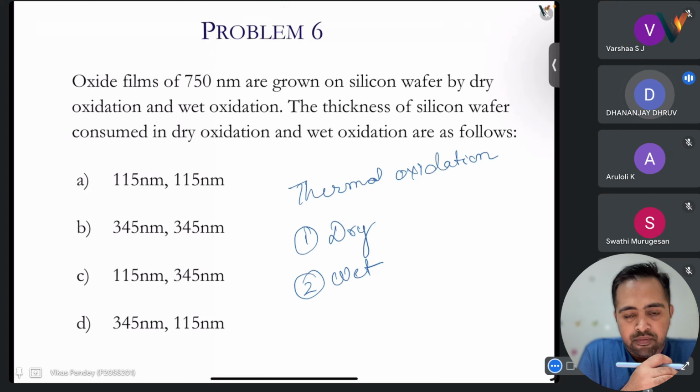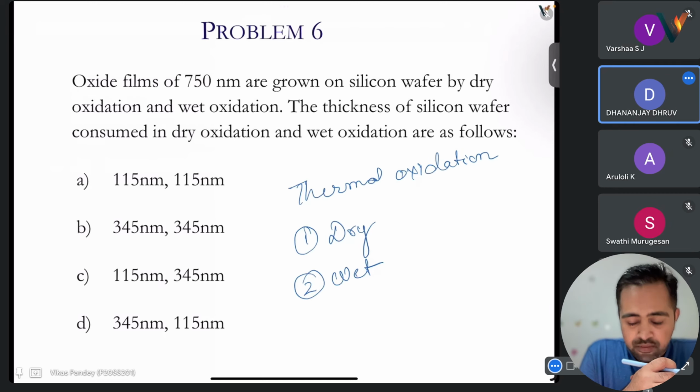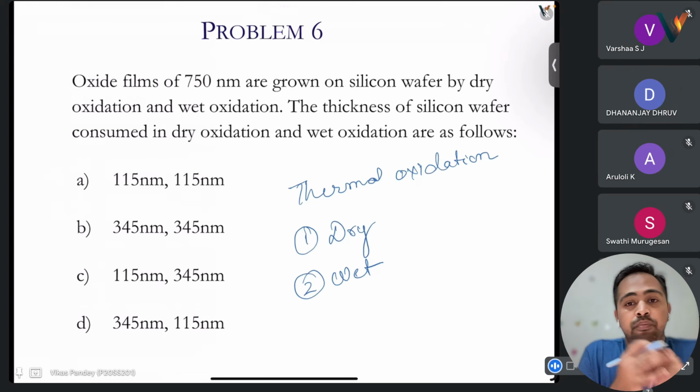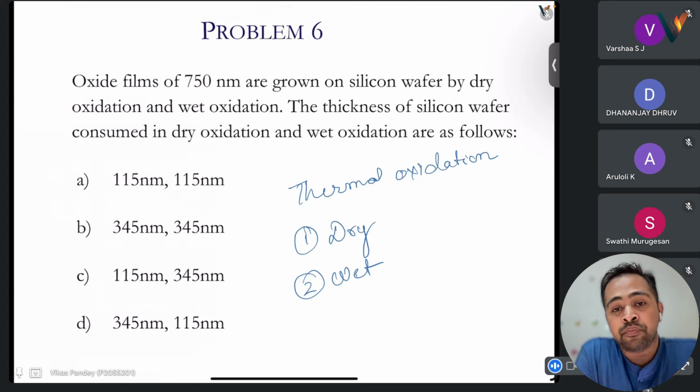I think in dry oxidation we are not using water vapor, and in wet oxidation we are using H2O as well. I think nitrogen is a purge and oxygen. Oxygen, yes. When we are talking about oxidation, certainly there will be oxygen.